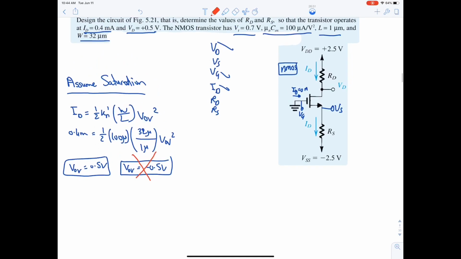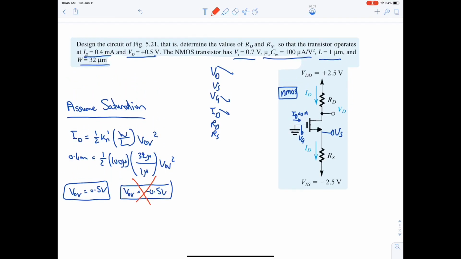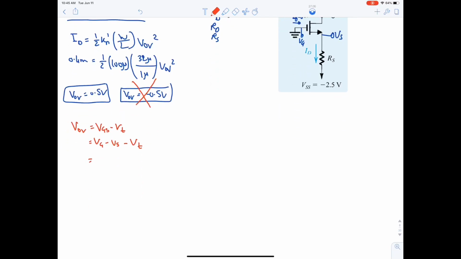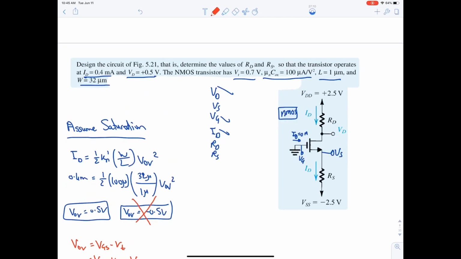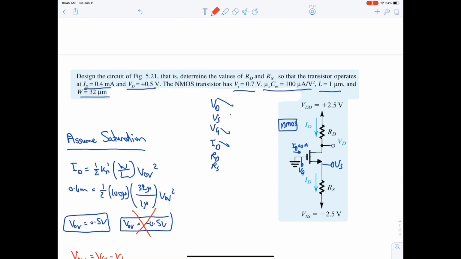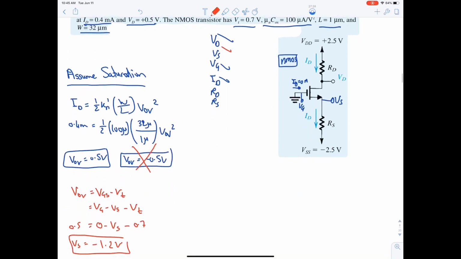Now after finding VOV, we can open it. VOV is equal to VGS minus VT, which is similar to VG minus VS minus VT, which is equal to VG is 0, VS is unknown, VT is 0.7, and VOV is 0.5. So VS is equal to minus 1.2 volt. Okay. Now after finding VS, let's find RS using Ohm's law.